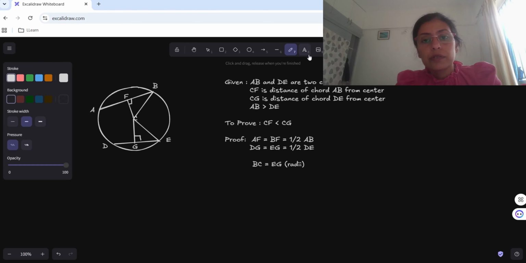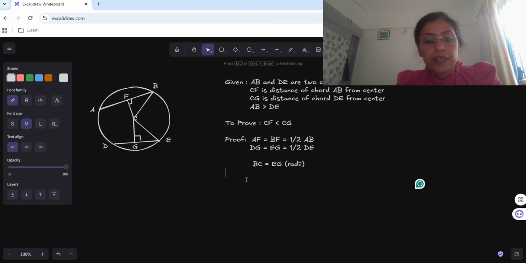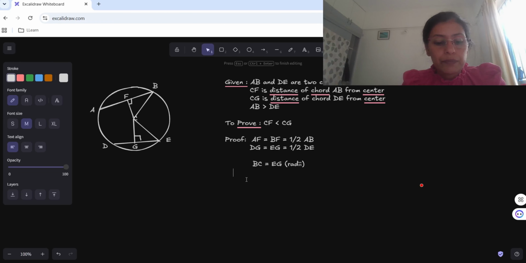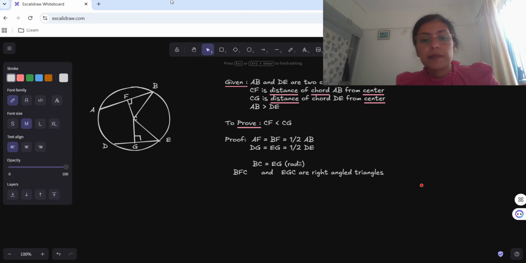So from this we can say that our triangles BFC and EGC are right angled triangles, right?